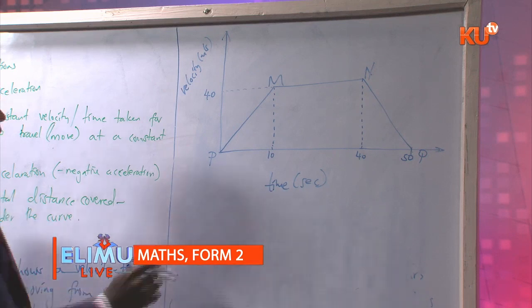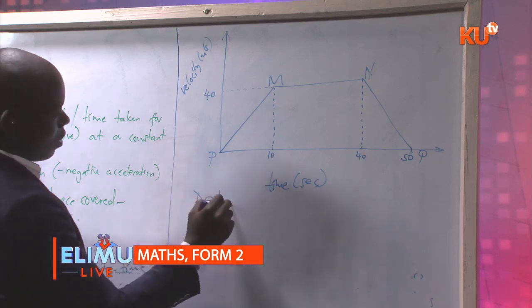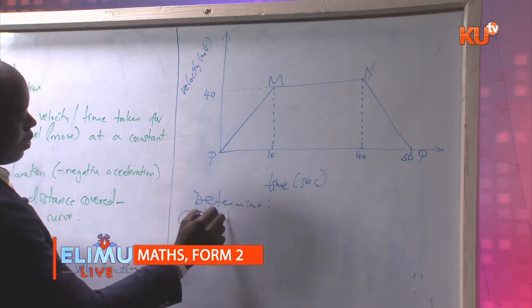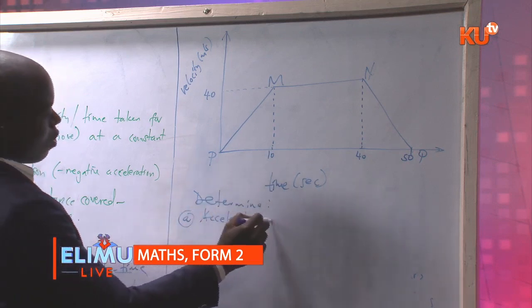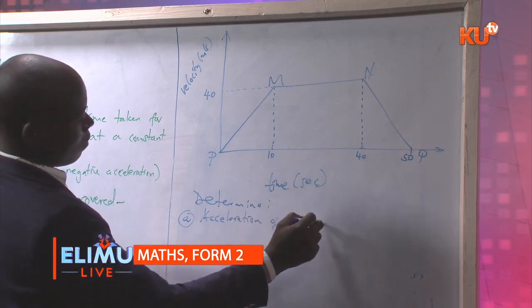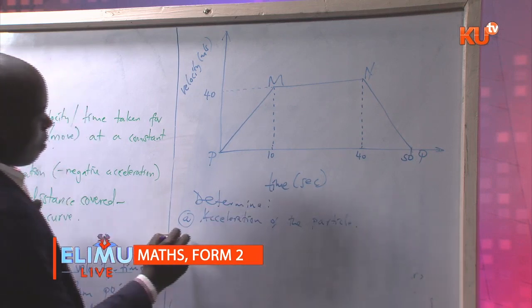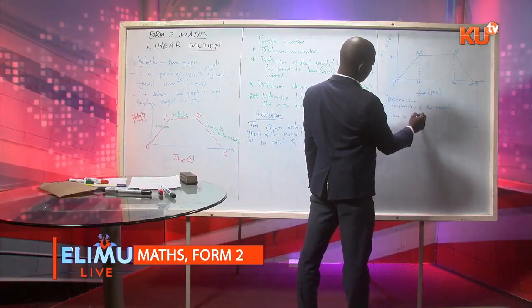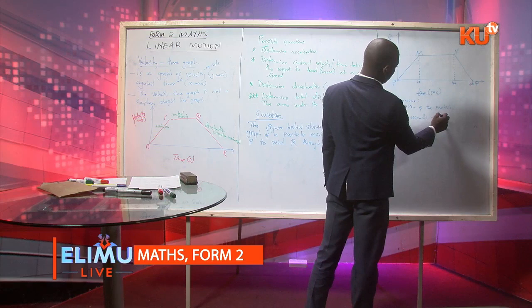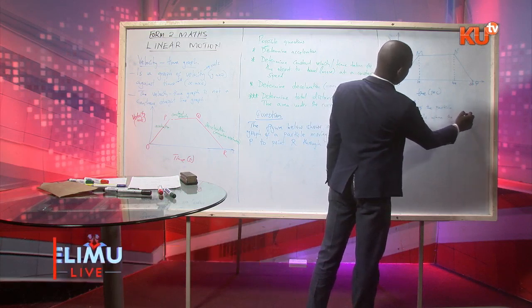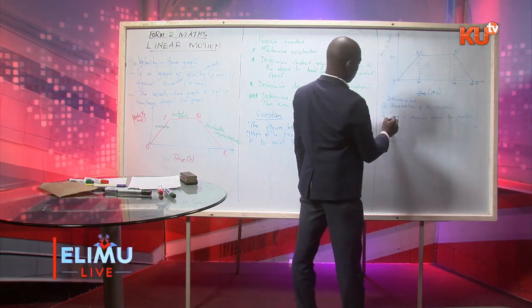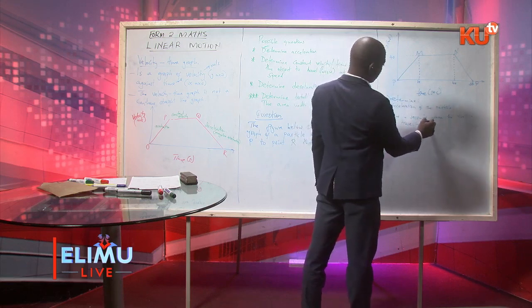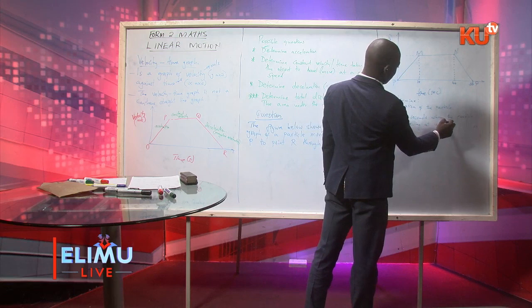And then you are asked to determine: part A, the acceleration of the particle. Part B, the time in seconds when the particle was traveling at constant velocity.